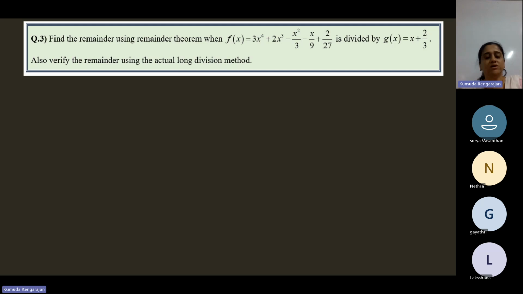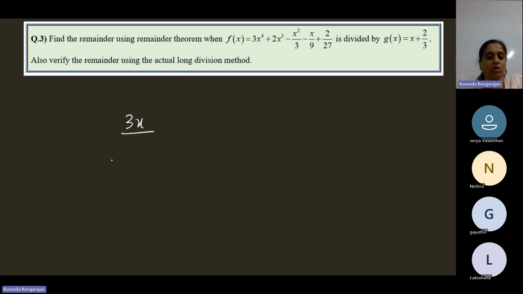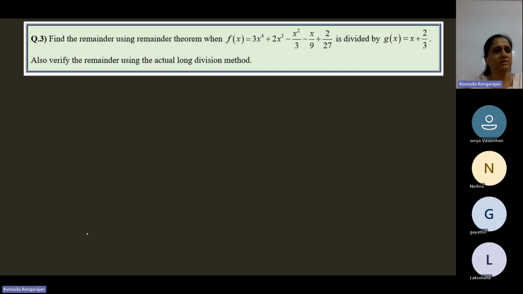That is when it is reciprocal. If it was 2x by 3 is equal to 0, then x is equal to 3 by 2. You've gone wrong there? Ma'am, is it 0 by 27? 0. Yeah, correct. That's right. Just a calculation mistake, ma'am.